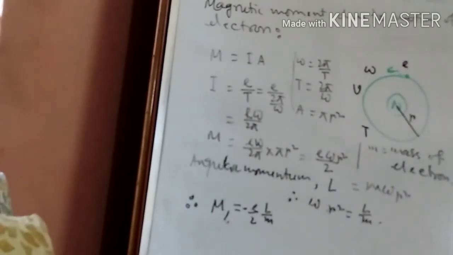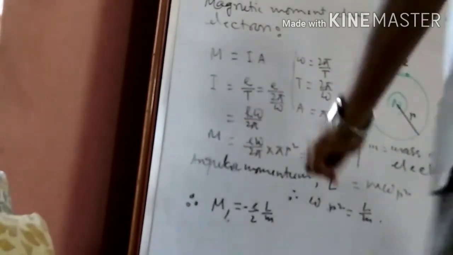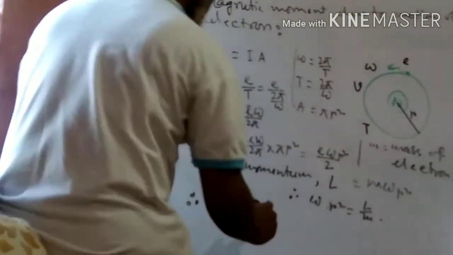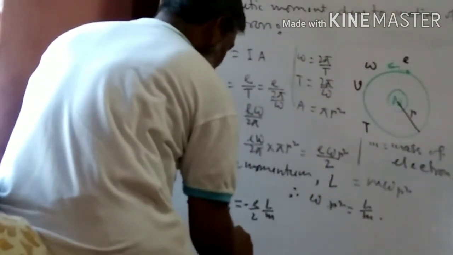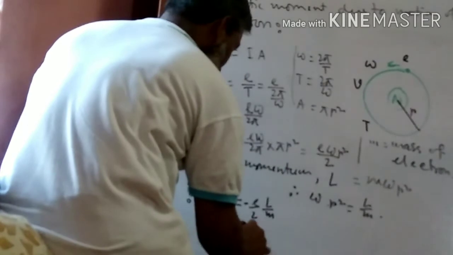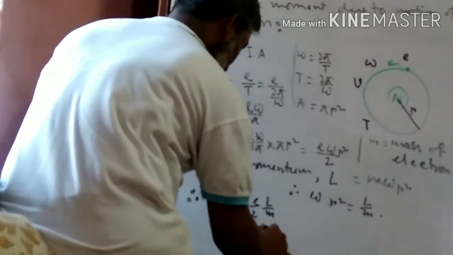So we can write it. It's a vector term, that's why we write L as a vector.